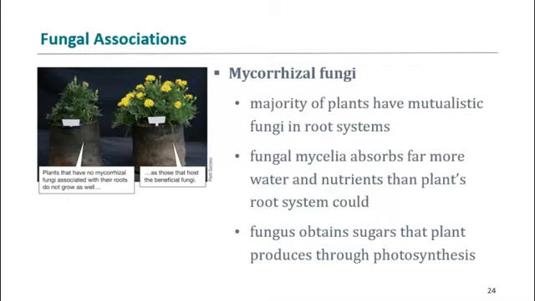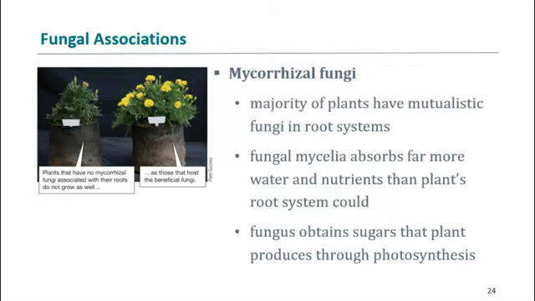And the fungus in return is basically living in a restaurant. It gets food delivered to it all the time. The plant can provide sugar from photosynthesis, and it just sends that sugar down to the root system, and the fungus can then thrive off of the sugars that the plant provides.